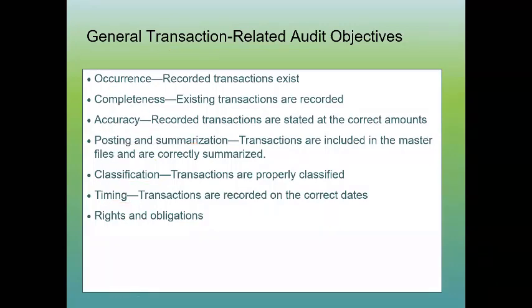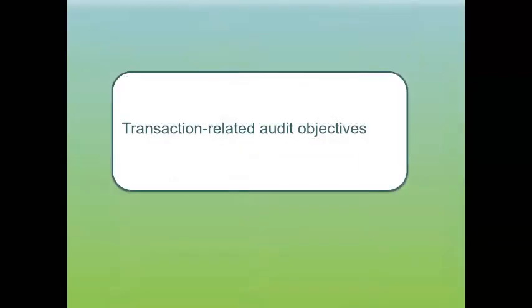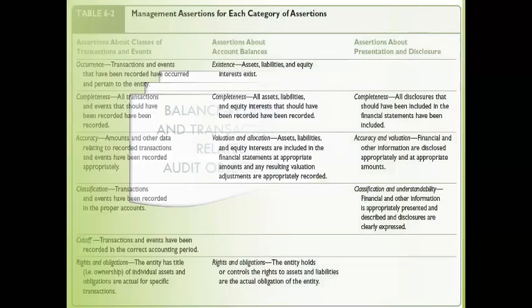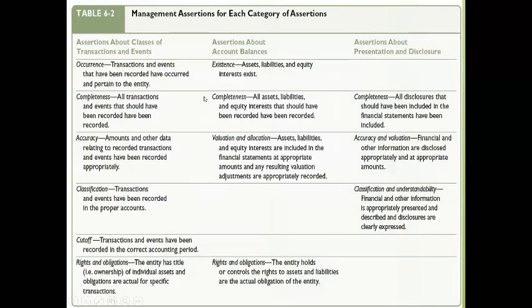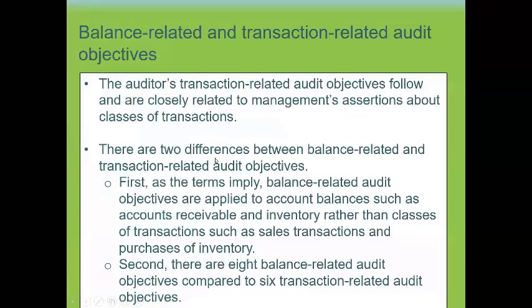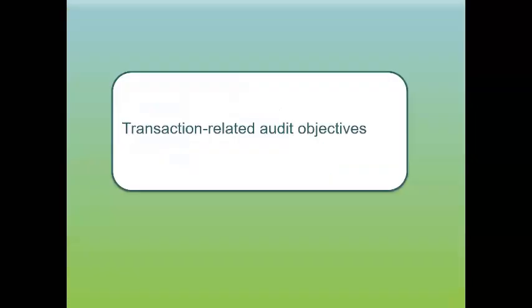Let's continue what we started. We talked about the management assertions, okay? And we said those are the assertions from the point of view of the auditor. Sorry, from the point of view of the management. And now we are going to go for the corresponding from the point of view of the auditor, and it is called the transaction related audit objective or the balance related audit objective.